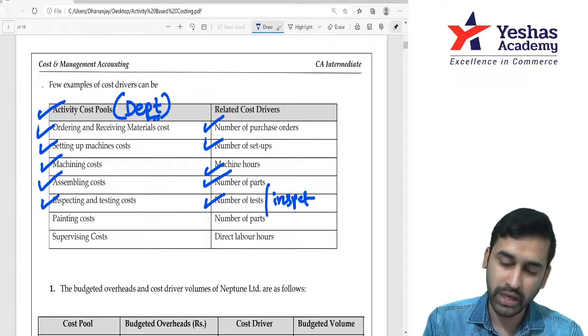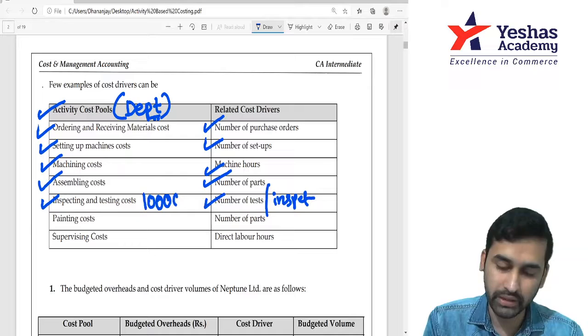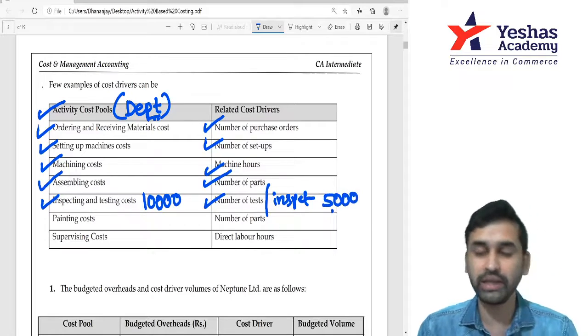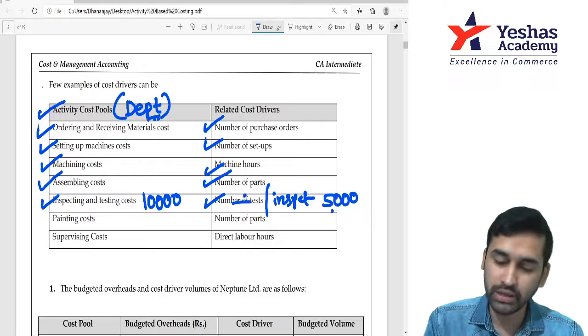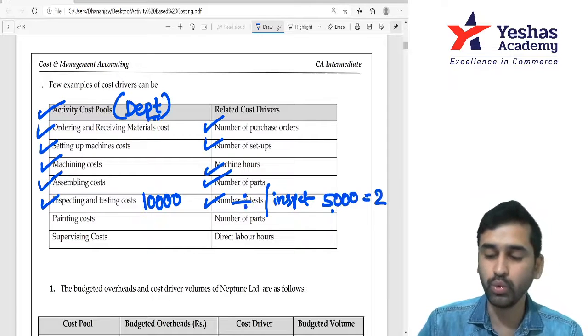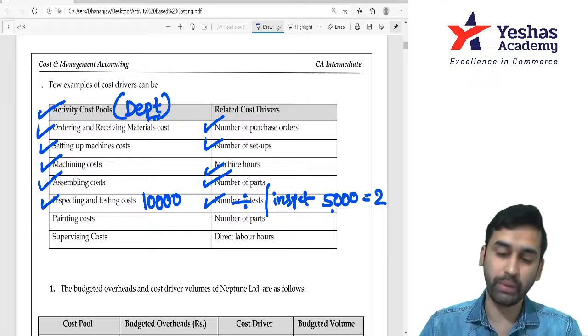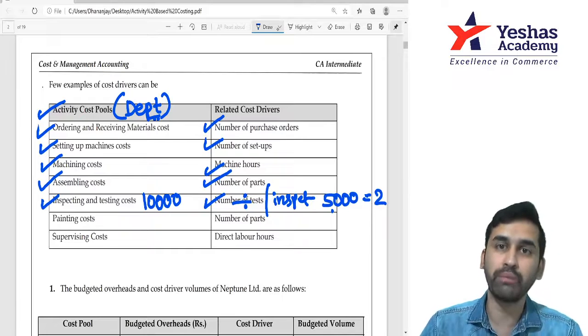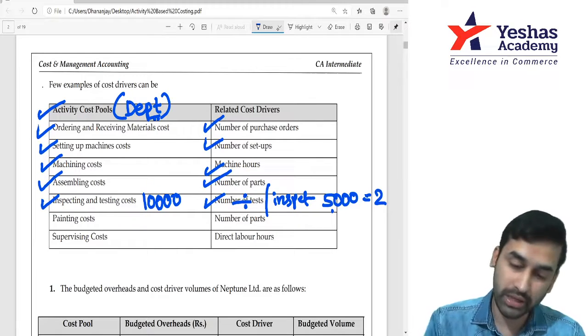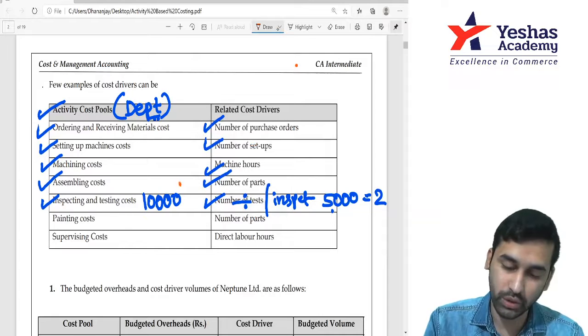Now we observe, if I am spending 10,000 rupees in this department and I am doing 5,000 tests or 5,000 inspections, then 10,000 divided by 5,000 will be 2. And what is 2 here? 2 rupees per test or 2 rupees per inspection. What is the reason for this 10,000 rupees?